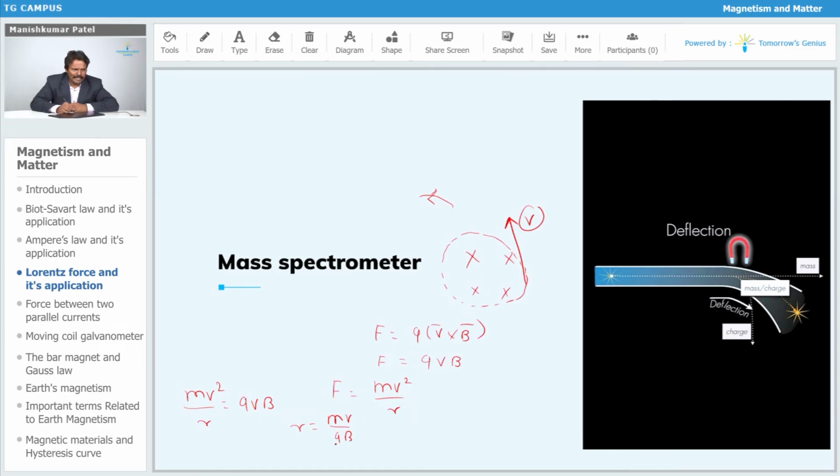By taking a different charge or changing the velocity, the particle will move along a circle of different radius. So the amount of deflection, or the radius, can be changed. That is mainly what we do in the spectrometer, where the charge moves in both an external electric as well as a magnetic field.